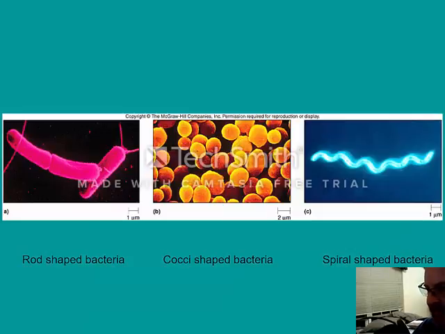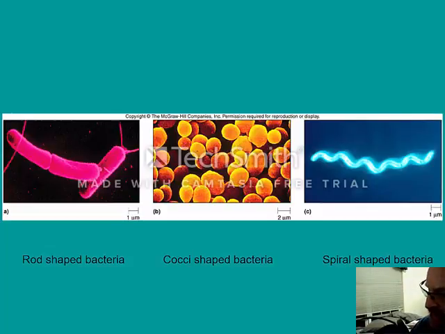So there are a few of the prokaryotic bacteria, which is one of the things that we'll spend the majority of the course on. In panel A, you see those rod-shaped bacteria. So those rod-shaped bacteria are longer than they are wide.